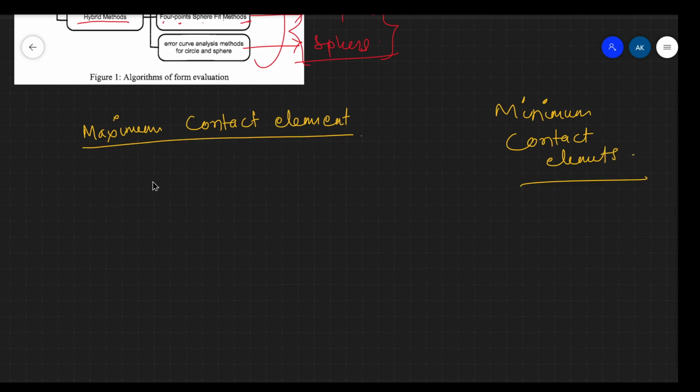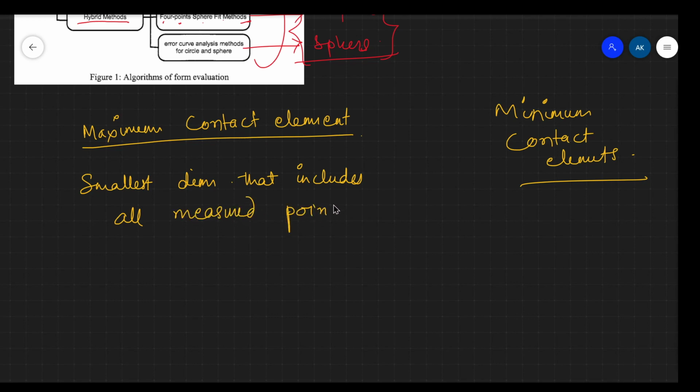So in this maximum contact elements, we take the smallest dimension that includes all measured points. I will show you this by diagram, but just let me write first.